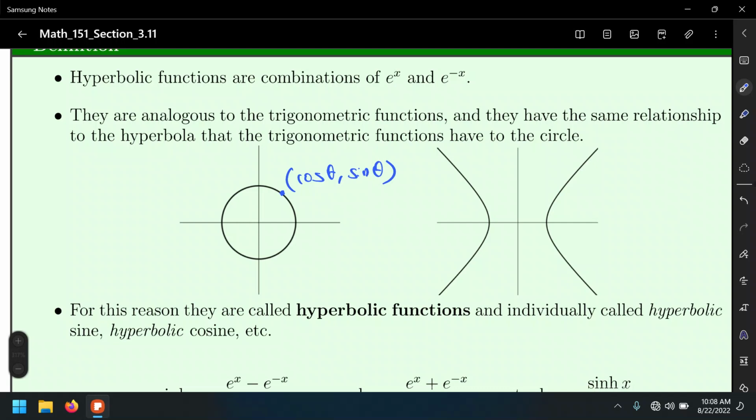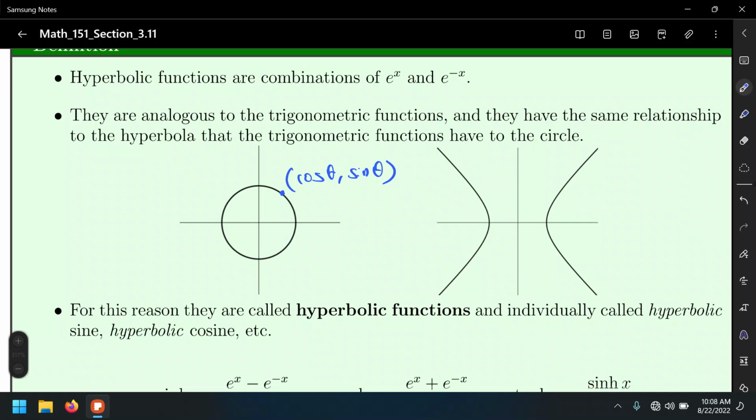Of course, it could be a circle of radius other than 1, but for the sake of simplicity we usually talk about the unit circle. These functions happen to be periodic: if you have some angle theta, whatever it is, and add 2 pi or 360 degrees, you get back to the same point. That's what we get from trigonometry.